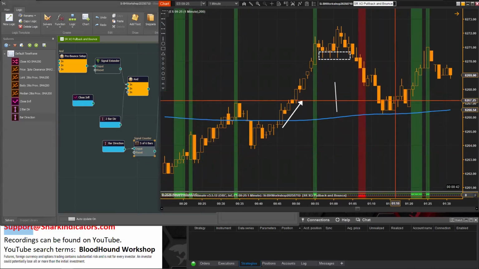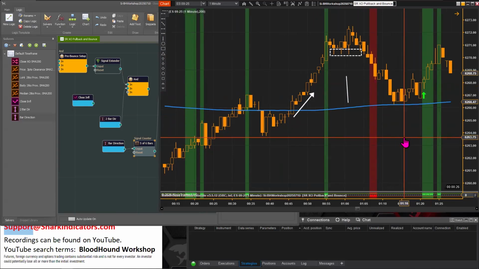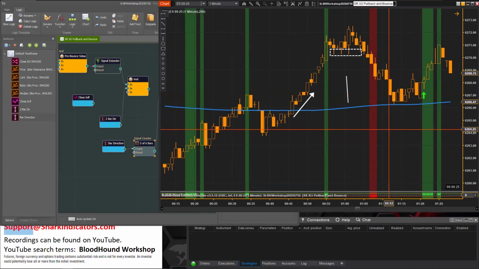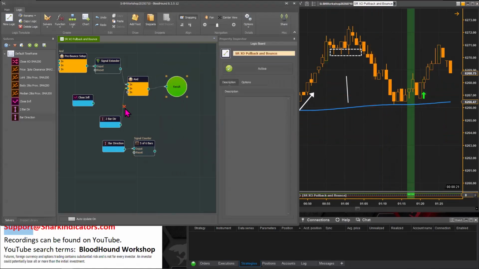All right, so now we need 5 up bars out of 6. So now we won't receive a signal until we get to this bar. Get that mark there. But let's look at where we're at.